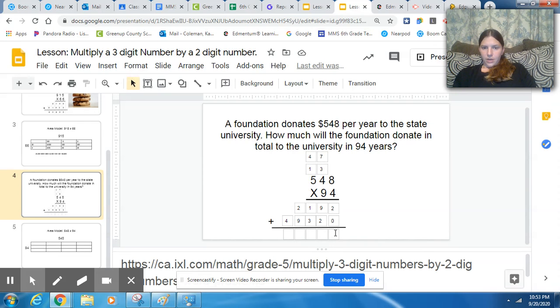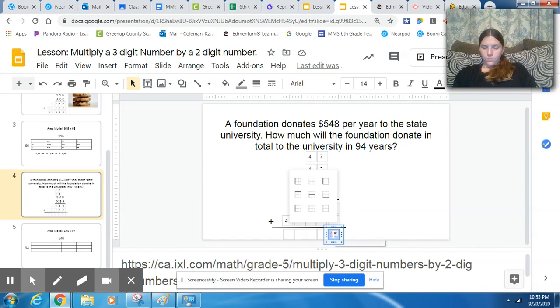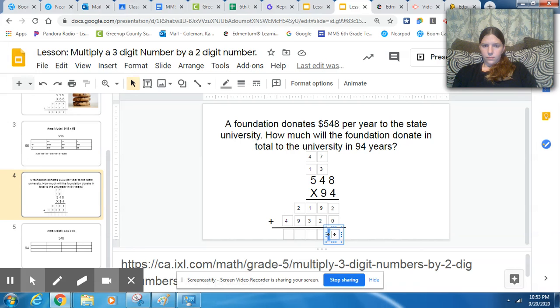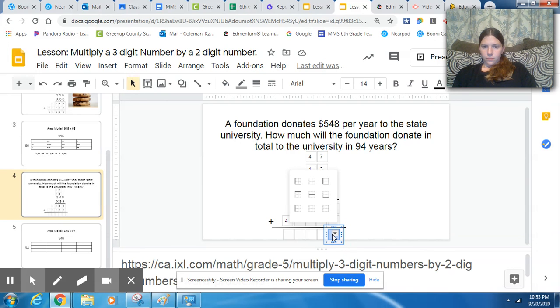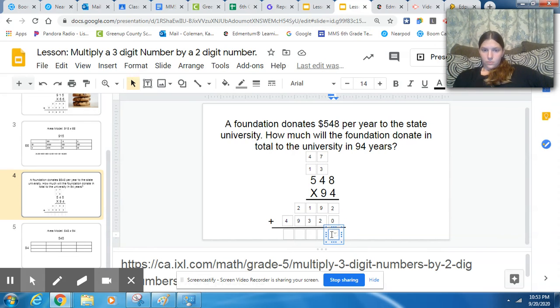So 2 plus 0 is 2. 9 plus 2 is 11. I'm going to bring my 1 down, carry 1 above the next digit.